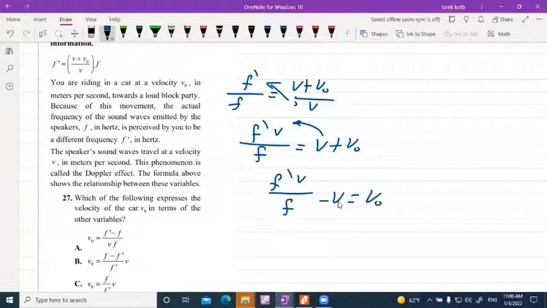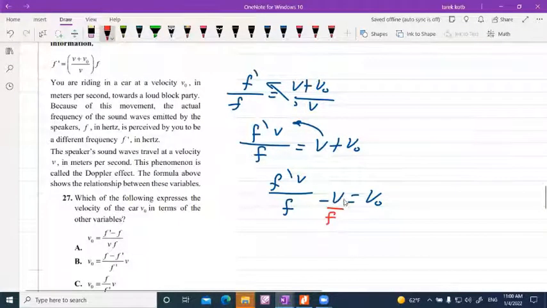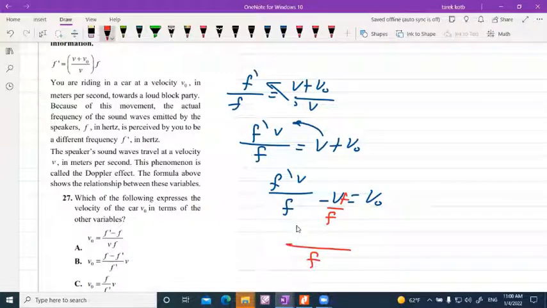Okay, now it is ready, but you have to get common denominator, because here you have only one denominator. If you get common denominator, that means we have to put F here and F here. So it will be over F V dash V. It will be F dash V minus VF equals VO.